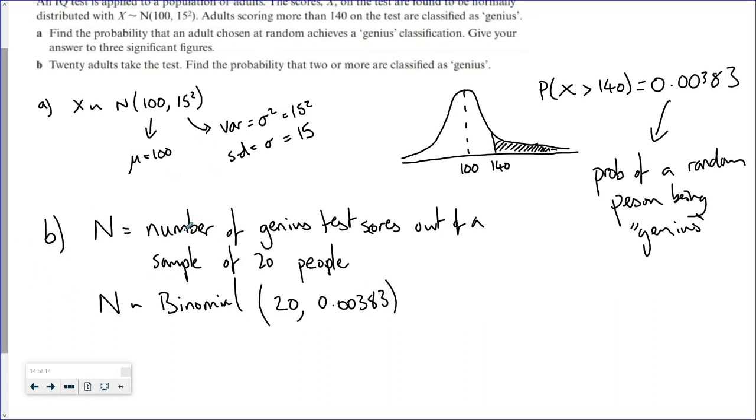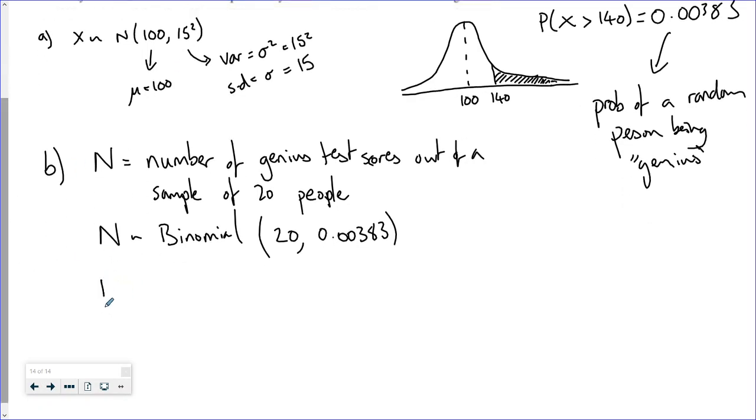So what this question is asking us is find the probability that 2 or more are classified as genius. So that's basically asking us what's the probability that n is greater than or equal to 2, because n is the number of genius test scores out of these 20 people that we're sampling.